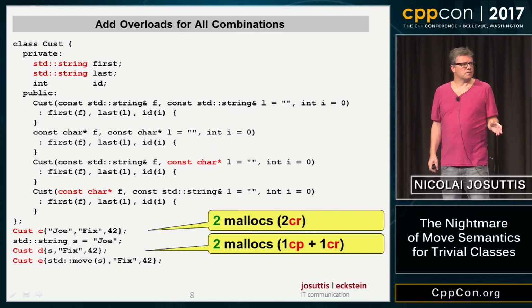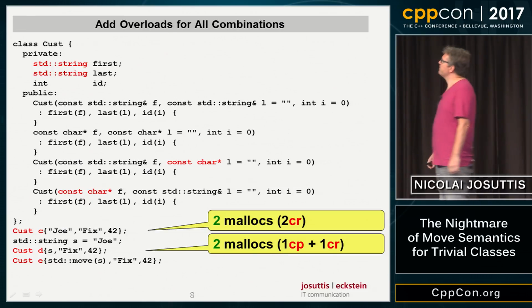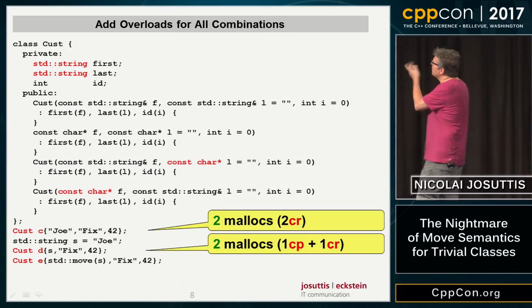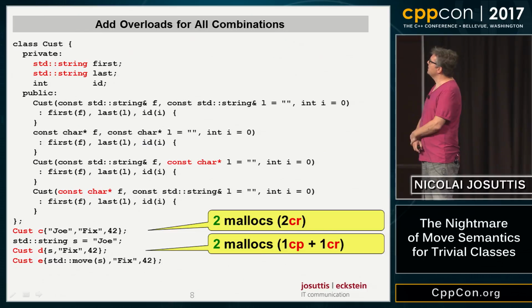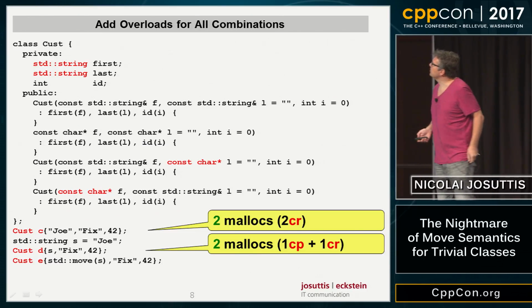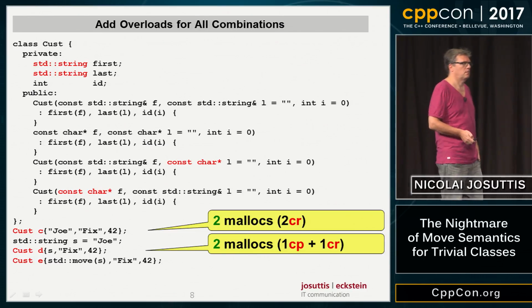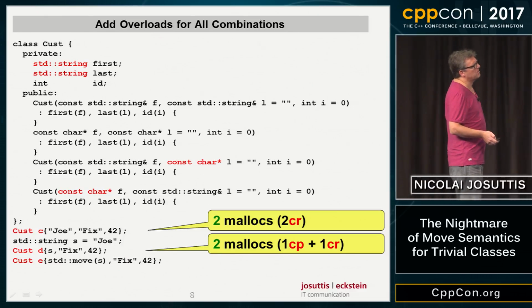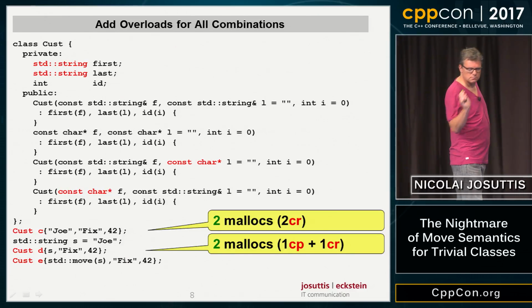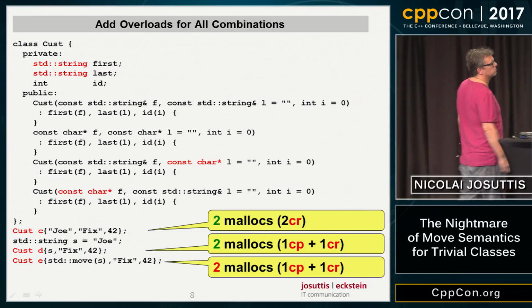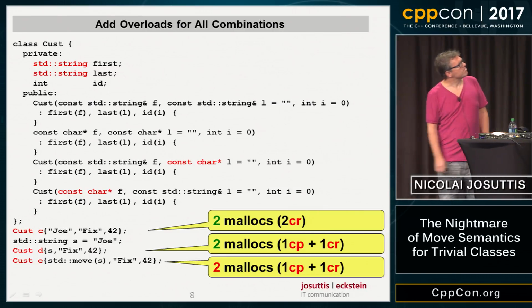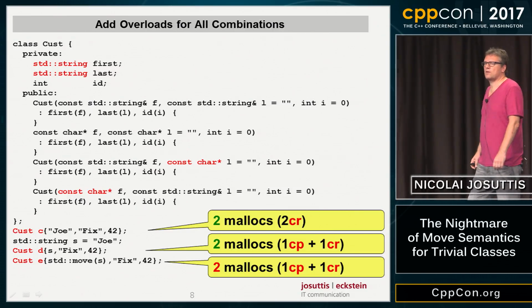Now we have move semantics. So what happens if we move? So we no longer need the string s here. So I want to move it into the created object. How many mallocs? 2. Because there's no move support in the constructor of the string class.